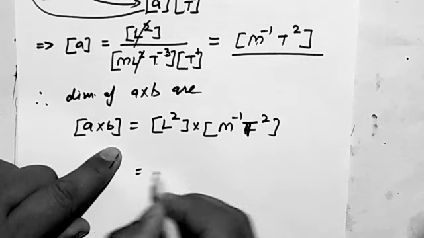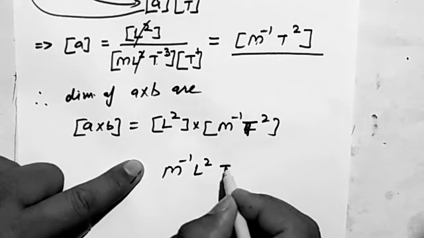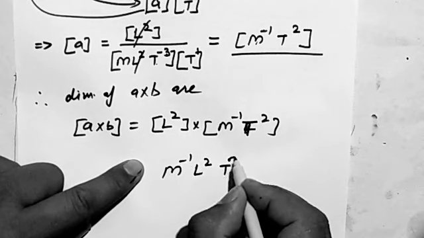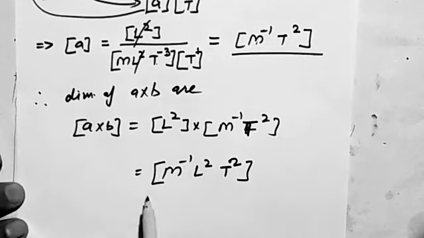So you can write it as m minus 1 L2 T2. This is your answer.